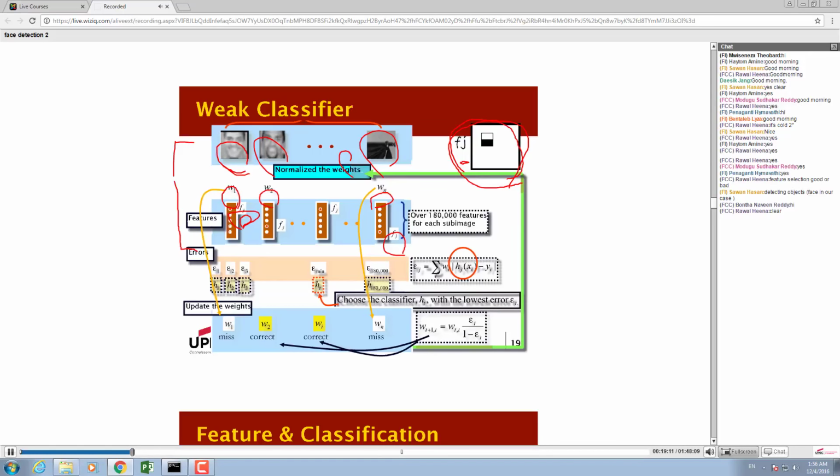By the way, index I represents the index of the sample. So W1, W2, up to Wn, where n is the last number of the sample. When representing every sample, we use index I. For example, to represent the third sample image, it can be xi.